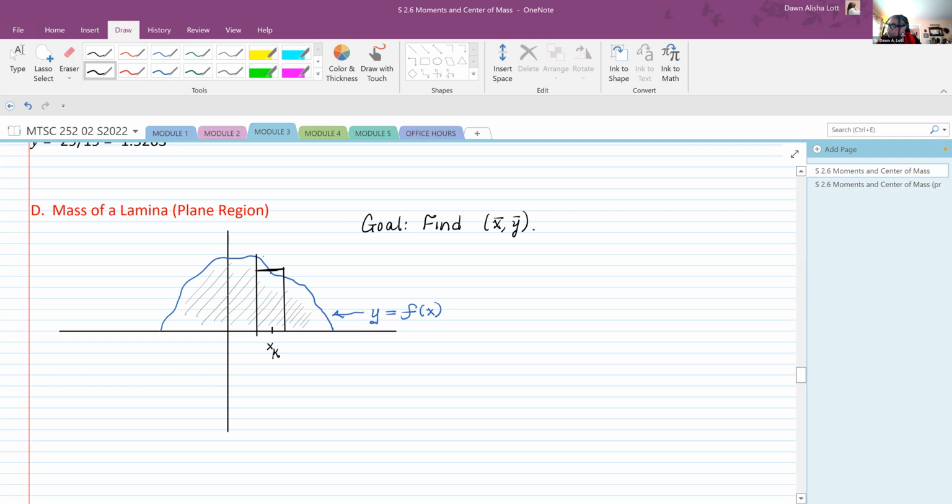That's going to be an average height for that region, and as we come across here, it is f of xk.